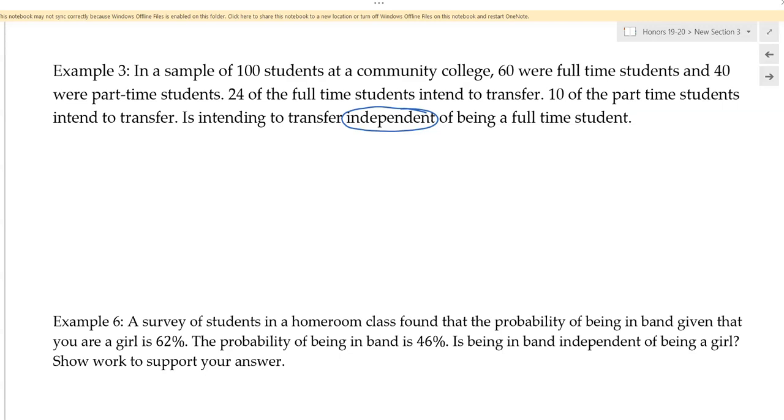Okay? This tells us one thing and then a different thing. That's not our and probability. But 24 of the full-time students intend to transfer. So 24 of them are full-time and intend to transfer. That is an and probability. 10 of the part-time students intend to transfer. Again, 10 of the students are part-time and intend to transfer. That's also giving us an and probability. So I am going to use my and probability test here.